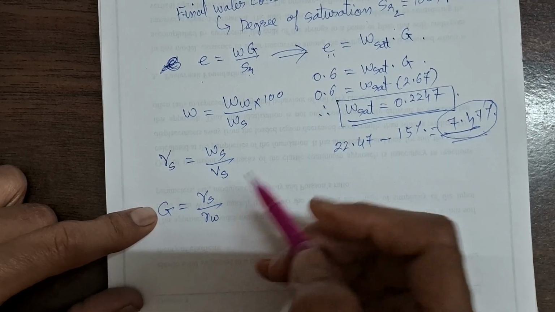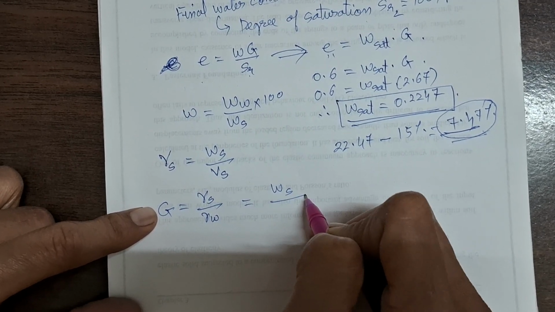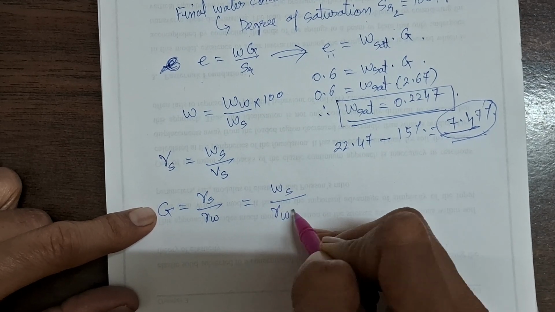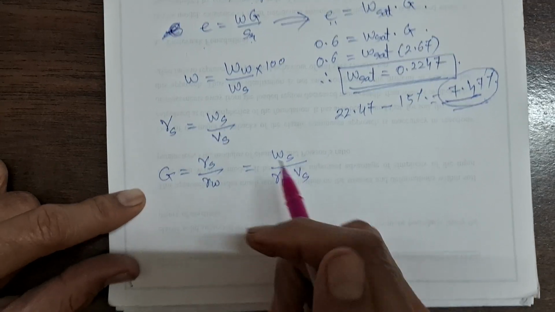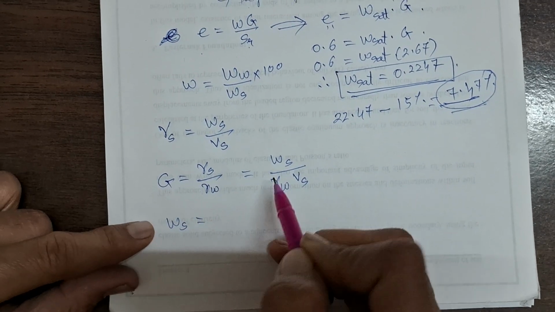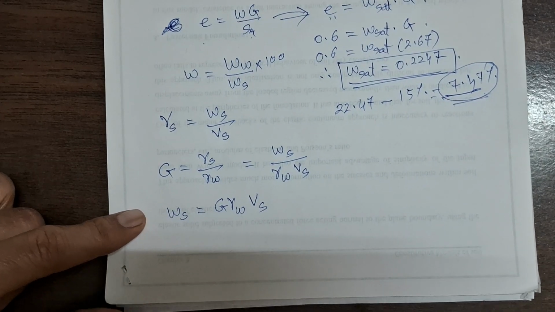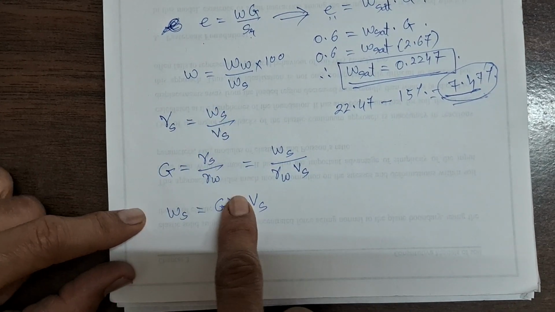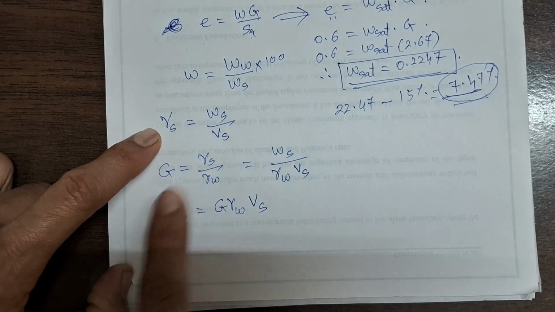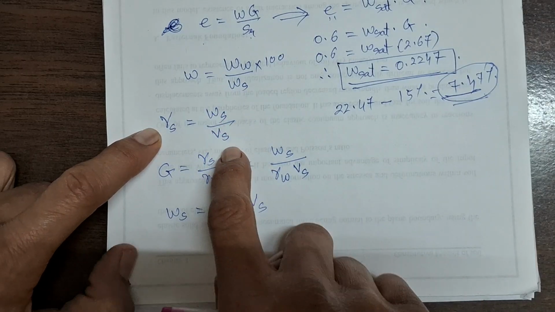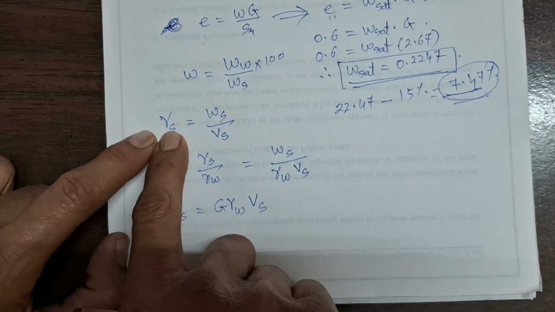So what will be G? G is equal to Ws upon gamma W into Vs. Now I just have to cross multiply. So weight of soil solid will be G gamma W into Vs. Gamma S is equal to Ws upon Vs, nothing but weight of solid upon volume of solid, that is unit weight of solid.